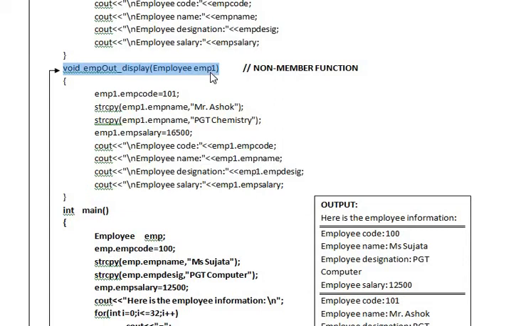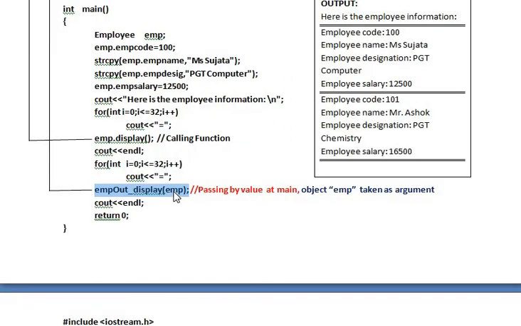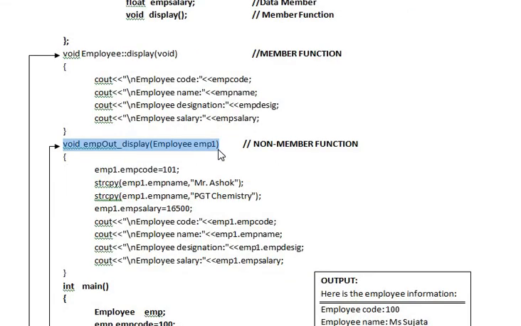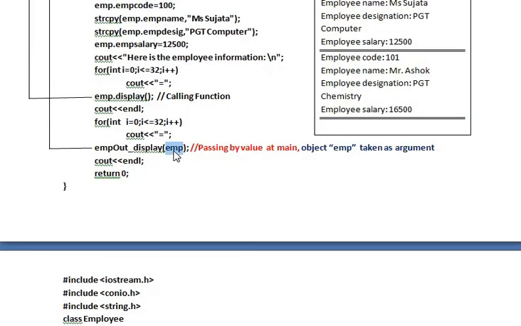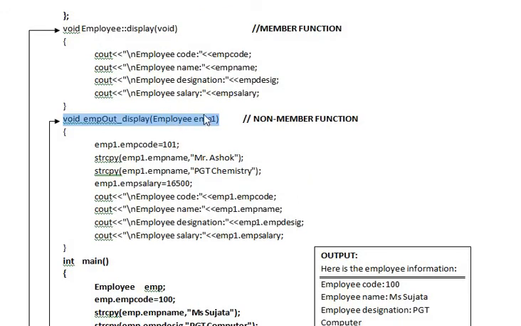They are different parameters. So a copy of the parameter emp shall be passed to the parameter emp1 with the help of the pass by value method. That means the content of this object emp in the calling function shall be copied into the object emp1 in the called function.